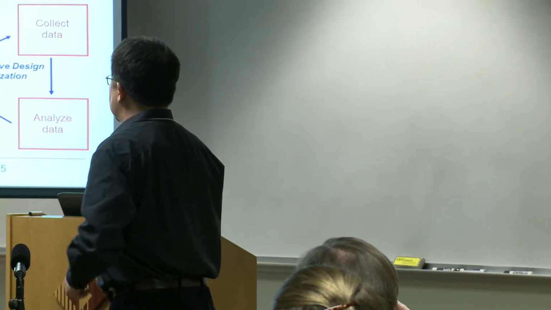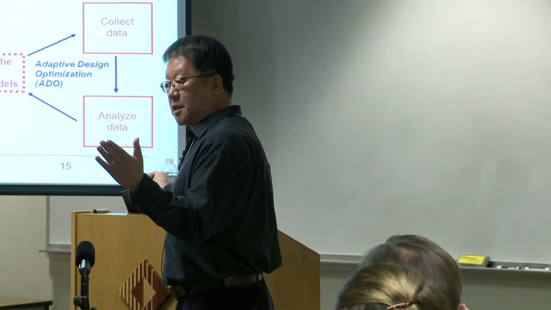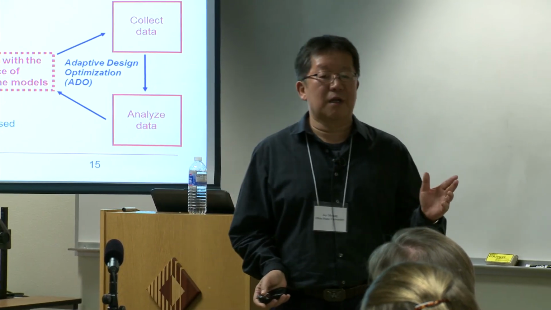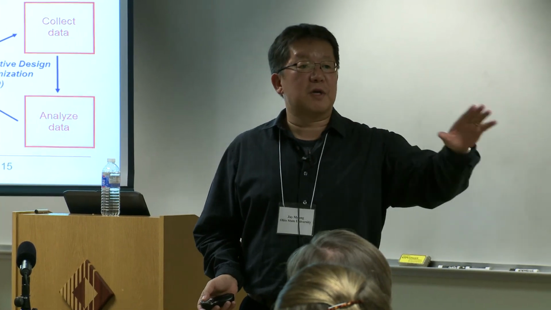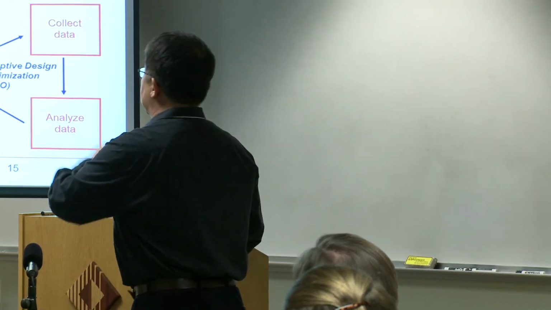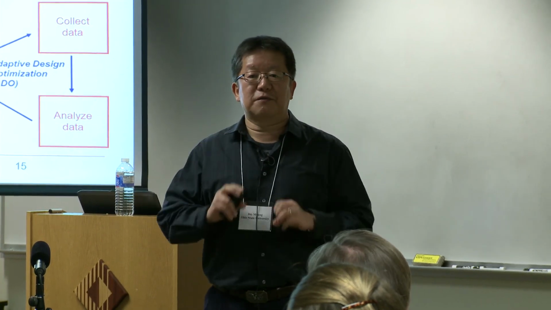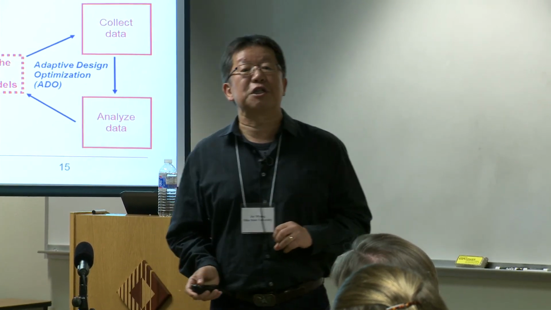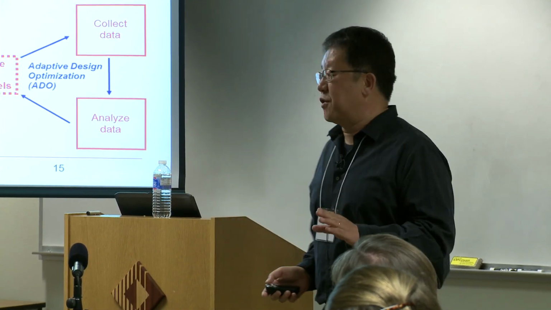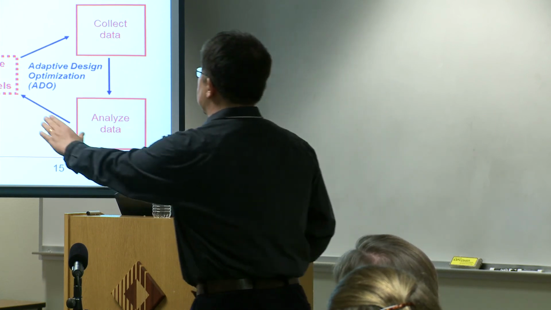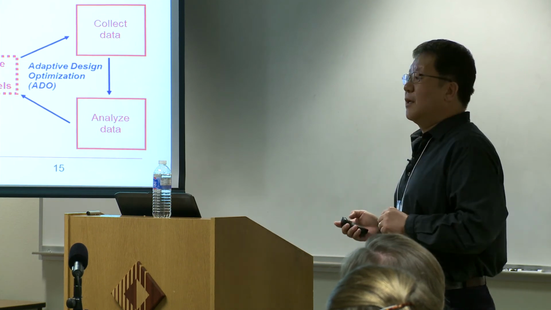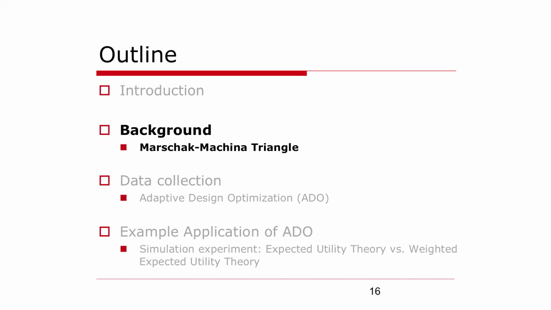You present that to the subject and collect the data, which is a choice, gamble A or gamble B. Then you analyze the data, which provides information about which model you're leaning toward. Based on that, you pick another optimal pair of gambles, and you just rotate around this, online in real time. That's what I mean by adaptive: the sequence of gamble pairs you present is not predetermined. It is dictated by your models and the participants' choices. That's the basic idea.